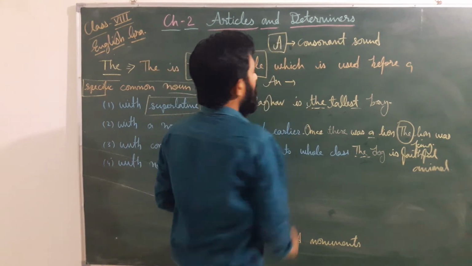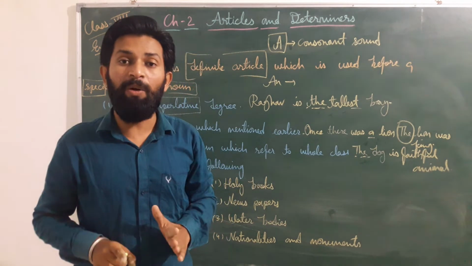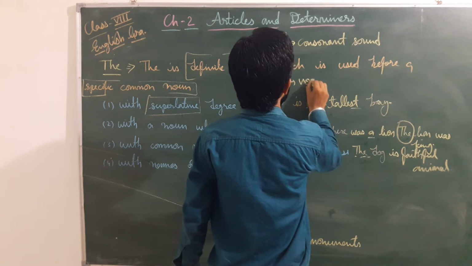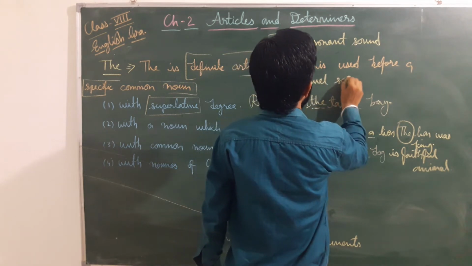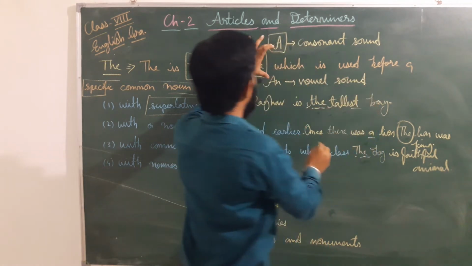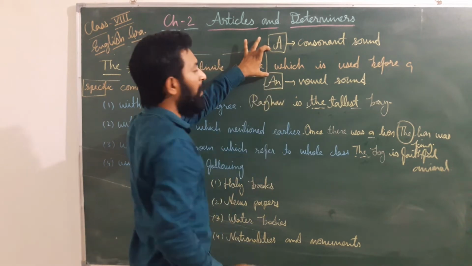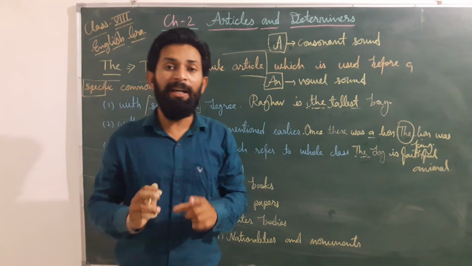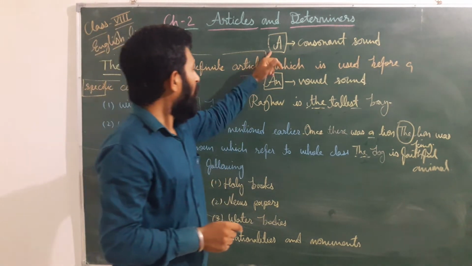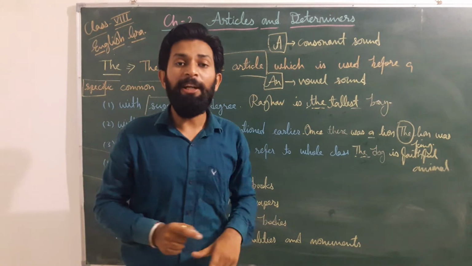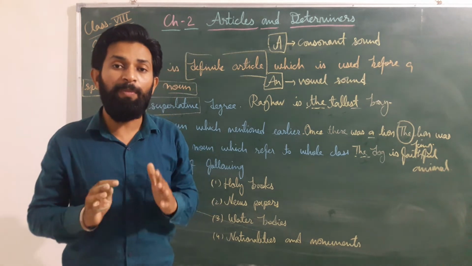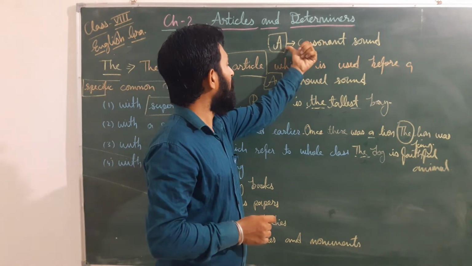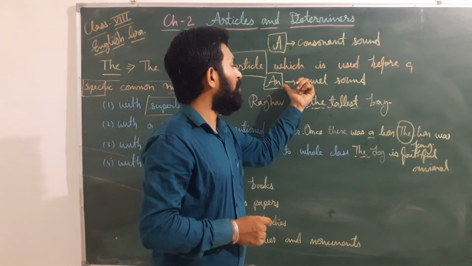And if any spelling starts with a vowel sound, then you have to use an. Both a and an are used before a singular countable noun. If any singular countable noun is there, then you may be sure a or an will come. After that you have to watch the sound which is being created there. If a consonant sound is there, then you have to use a. If a vowel sound is there, then you have to use an.